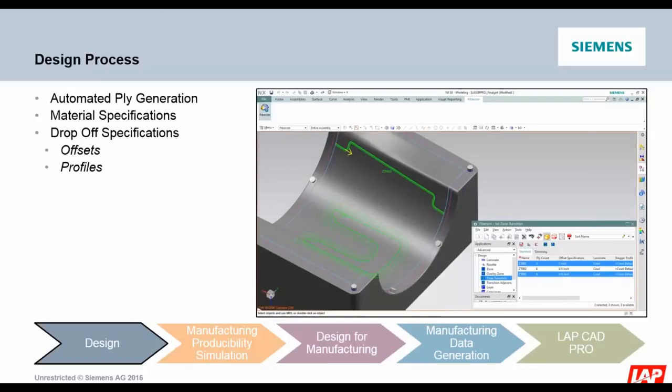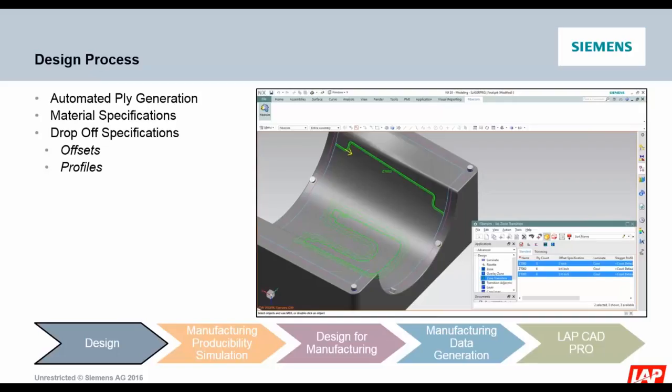When I say it's an automated process, it achieves an automation that's not achievable with a manual geometry boundary creation approach or a curve boundary creation approach. People define material specifications, or the material requirements, for each region of the part and the general ply shapes. Then they define specifications such as offsets for drop-offs from thicker to thinner regions, or the cross-sectional profiles of those.